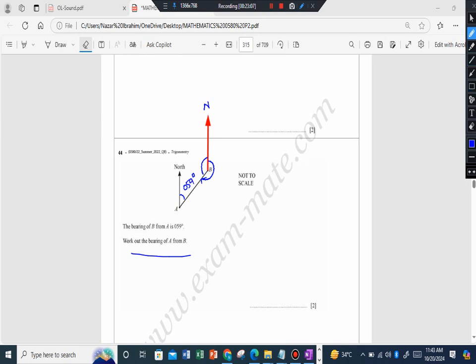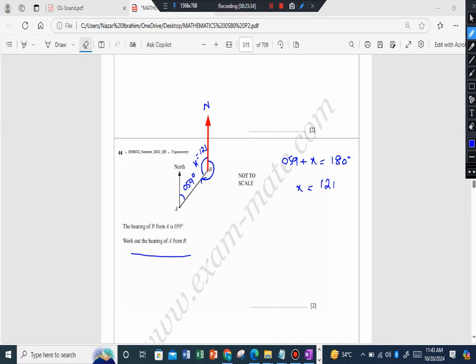It means that 059 plus x, I'm naming it as x, is equal to 180 degrees. So x is equal to 180 minus 59, which is 121. Right, so this is basically 121.